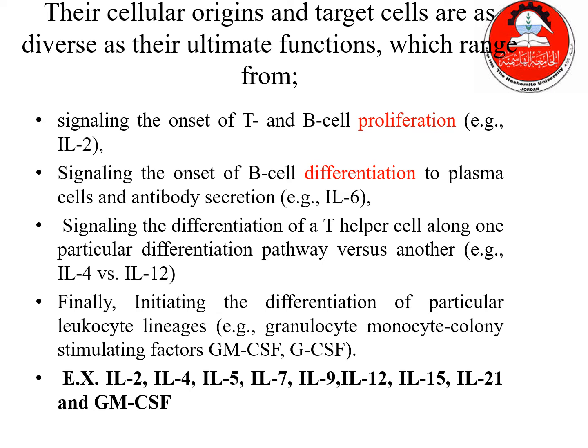And finally, initiating the differentiation of particular leukocyte lineages, such as the granulocyte monocyte colony stimulating factor, GM-CSF, or the granulocyte colony stimulating factor. These are examples of some of the class 1 members of the cytokines.